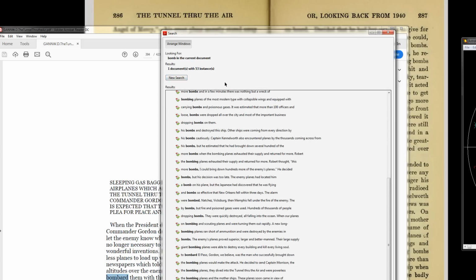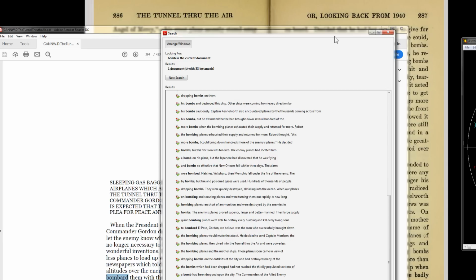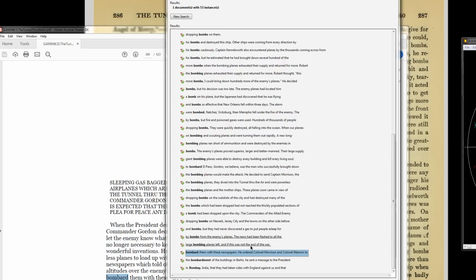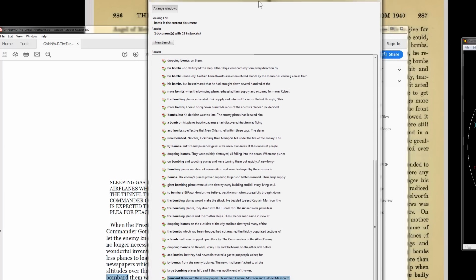So we do that and we find that there are 53 instances of bomb, bombs, bombed, and so on. If we scroll all the way down, we find that the last one is Bombay, India, so this one right here doesn't count. Everything else is bomb, bombs, bombing, bombed, or bombardment. So there are 52 instances of the different types of the word bomb in this book.